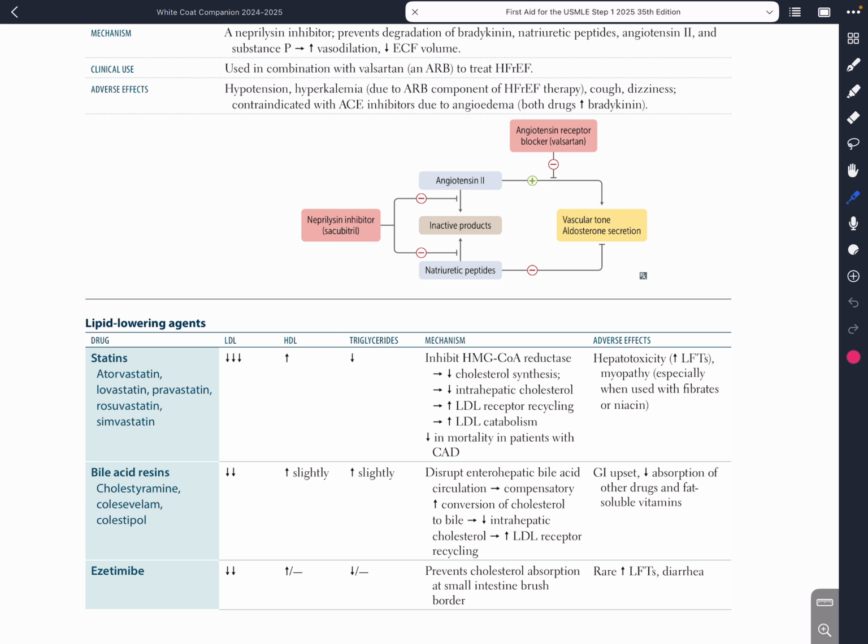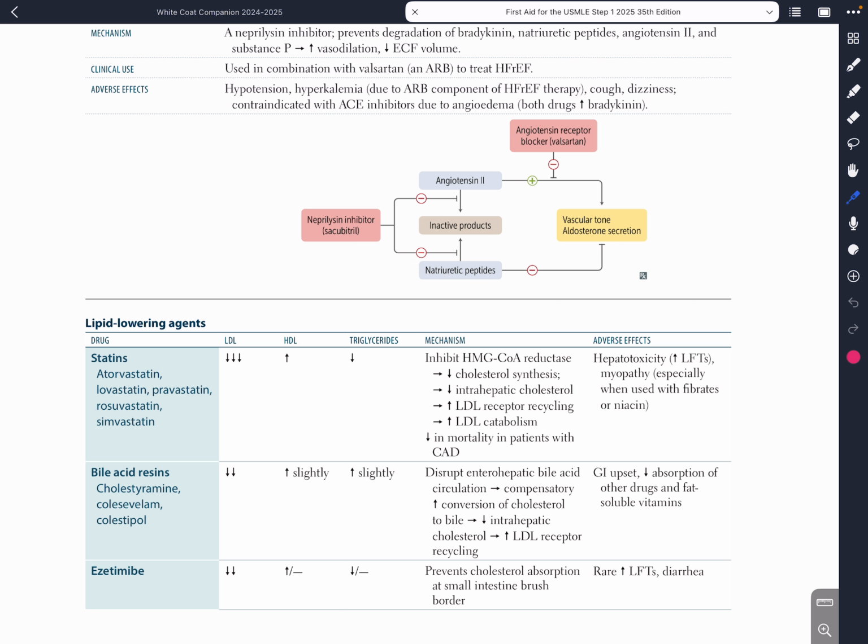inhibits angiotensin II and natriuretic peptides to form inactive products. Because sacubitril is inhibiting the angiotensin II receptor, angiotensin II gets shunted towards vascular tone and causes aldosterone secretion. So sacubitril inhibits natriuretic peptides, and natriuretic peptide inhibits aldosterone secretion.